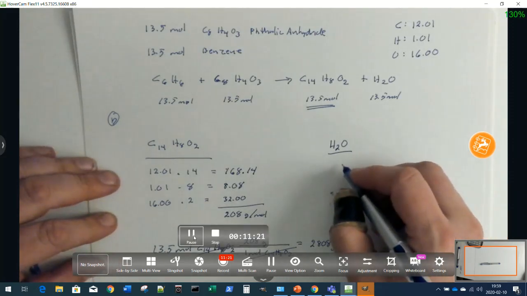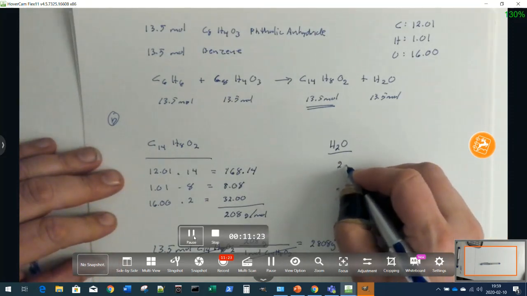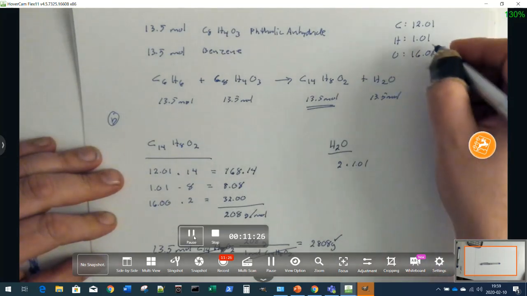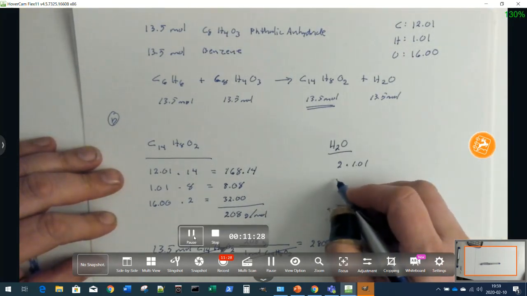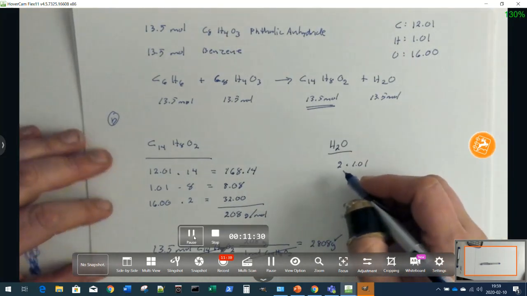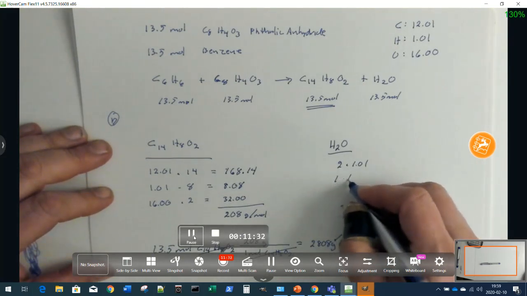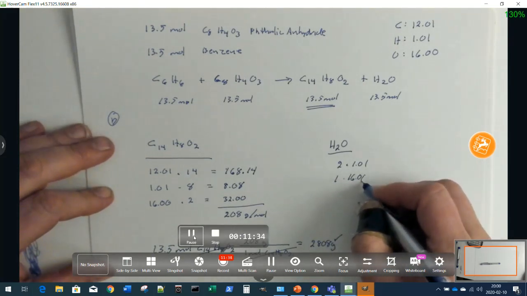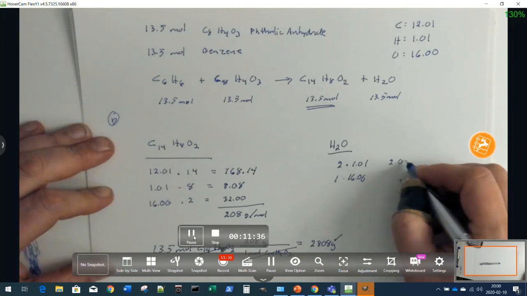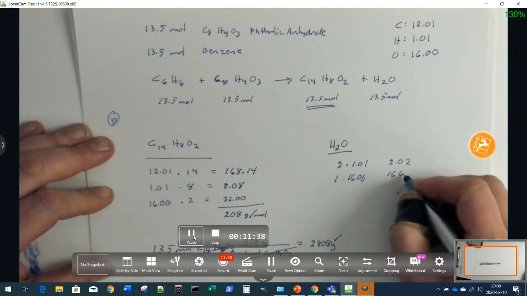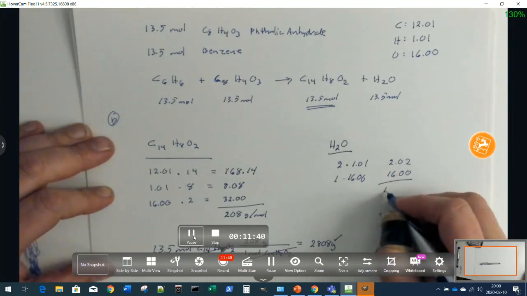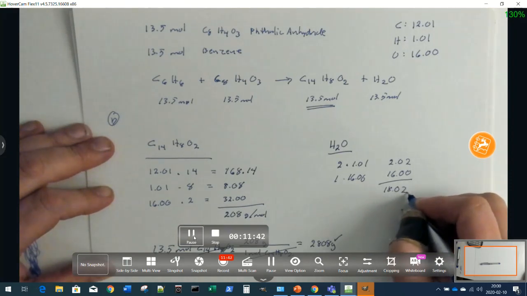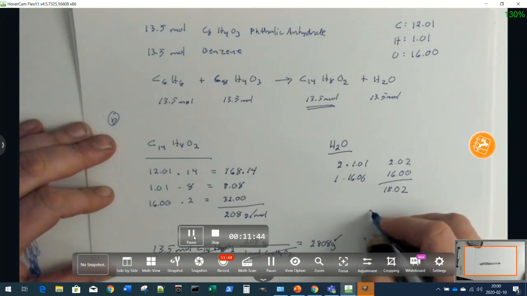Then the second product, water: we'll find the molar mass first, and it's 2 times 1.01, and then of course oxygen is 1 times 16.00. So this becomes 2.02 plus 16.00, which is 18.02.